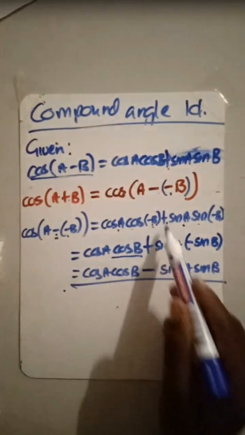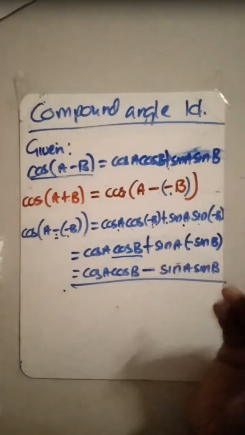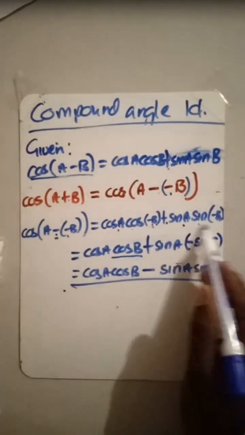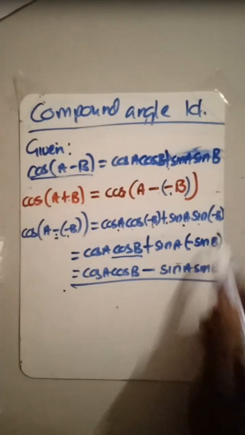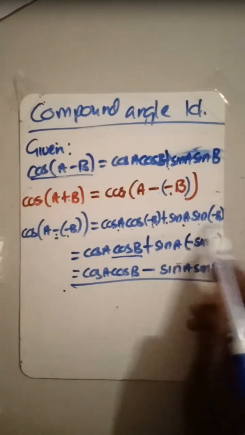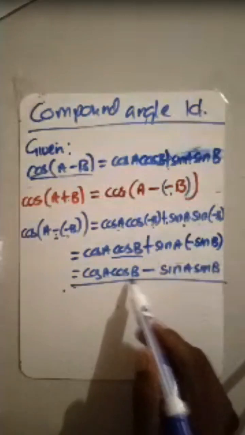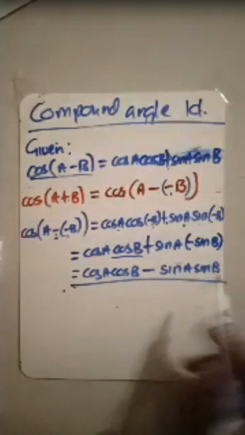Then we have our plus there. Sine A is already reduced. Then sine in the fourth quadrant is negative. Reducing this one becomes negative sine B. Then we have cos A cos B minus sine A sine B.